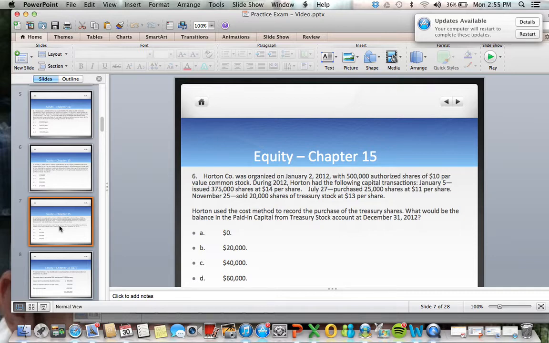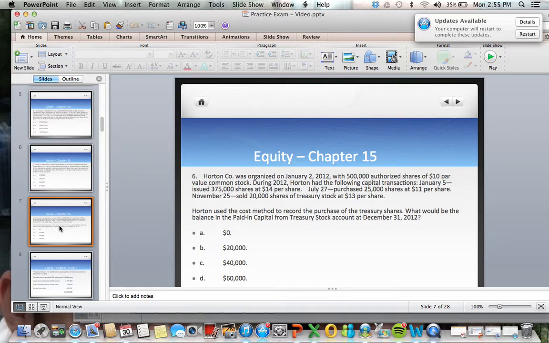So what's happening here is the Horton Company was organized on January 2nd, 2012, with 500,000 authorized shares of $10 par value common stock. During 2012, Horton had the following capital transactions. On Jan 5, they issued 375 shares at 14. July 27th, they purchased 25,000 shares at 11.